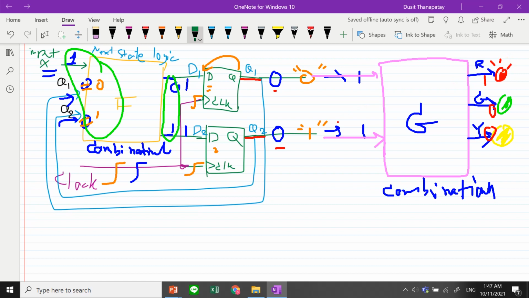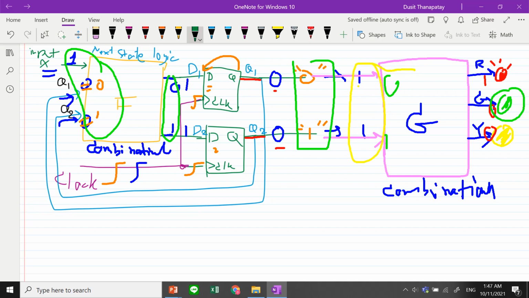When the clock ticks, the state may change to 0, 1, and when 0, 1 is applied to the input of G, the green output may become 1, for example. And when the clock ticks again, the state may change to 1, 1.